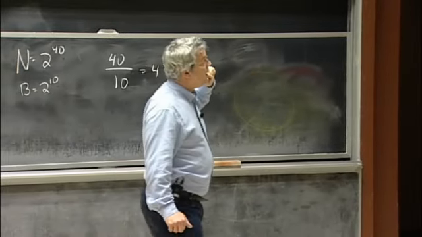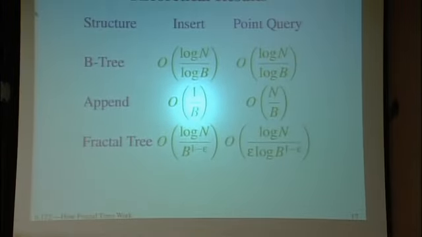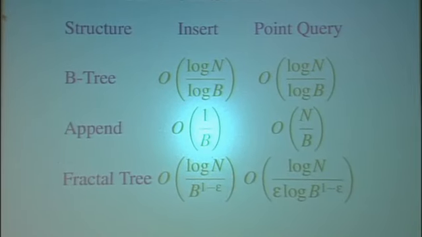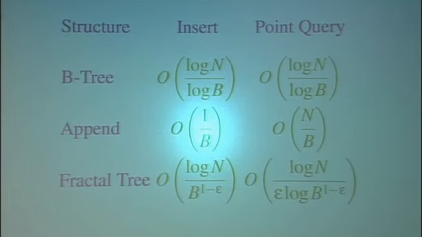So the fractal tree has this kind of performance. It's log n over, it's not B, which would be really great. It's something smaller, maybe like square root of B. And for the insertion cost, and the lookup cost is log n over something, which I'm going to just hide.